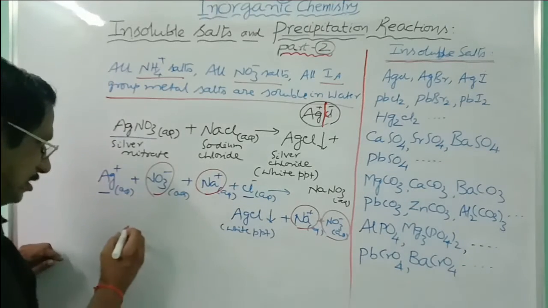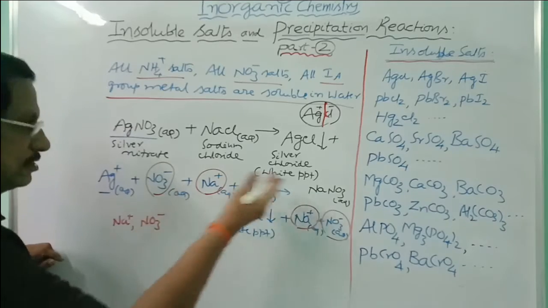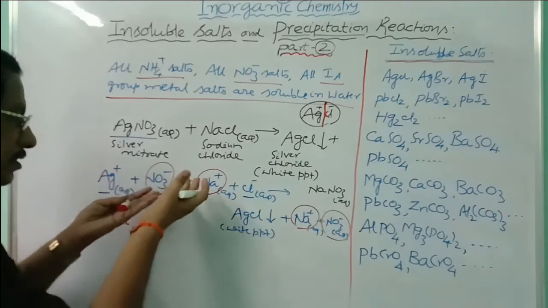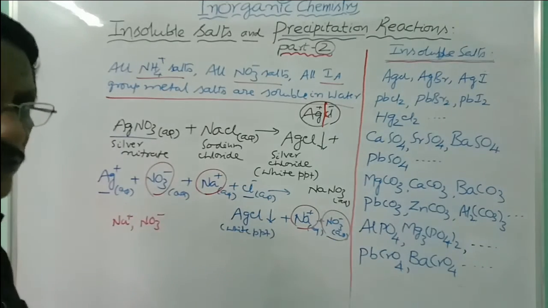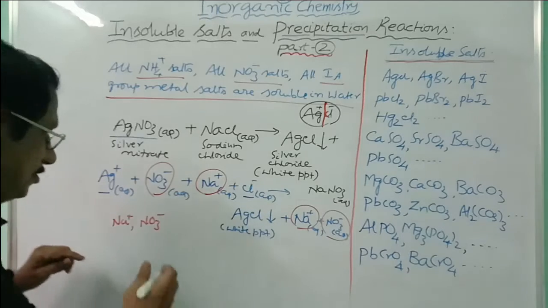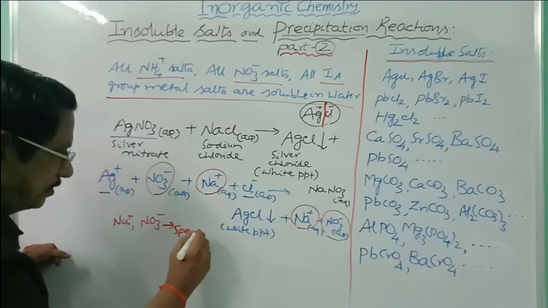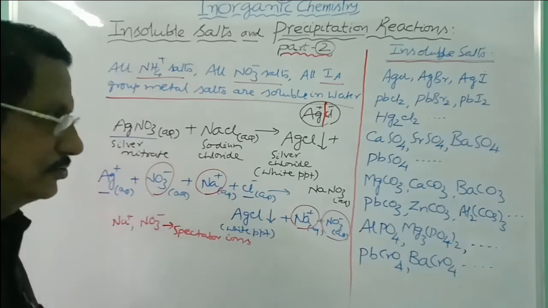So such ions, sodium ion and nitrate ion, are not participating in the reaction. On the reactant side, they are in the ionic, free form. On the product side also, they are in the free form. That is why they are not participating. Such ions which are not participating in the reaction are called spectator ions.